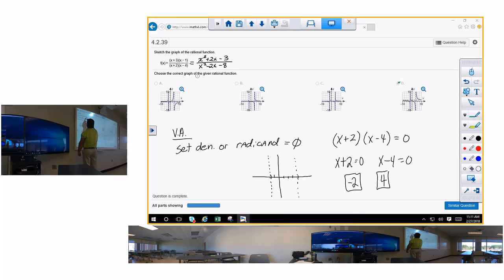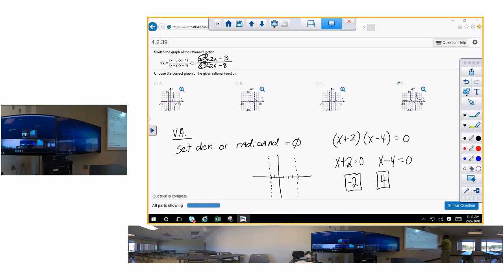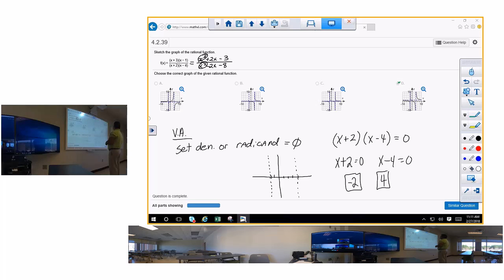Now, when these two are the same, see the degrees of those two? They're the same. And there's a test in your book. You have to look through your book. I'm not going to look for it for you. But it tells you how to find the horizontal asymptotes. And the horizontal asymptote, in this case, is going to be 3/8.